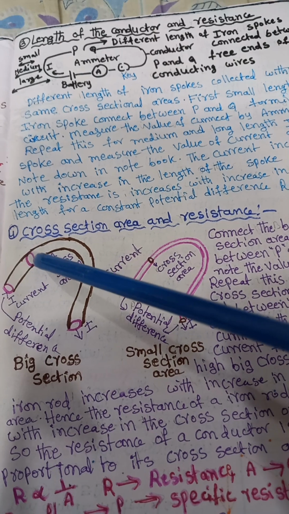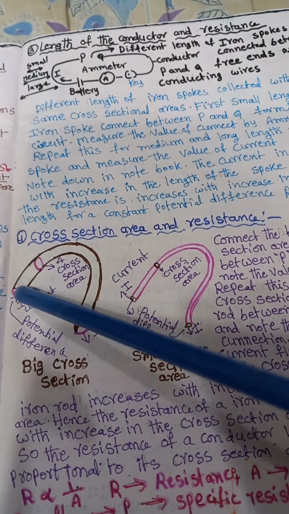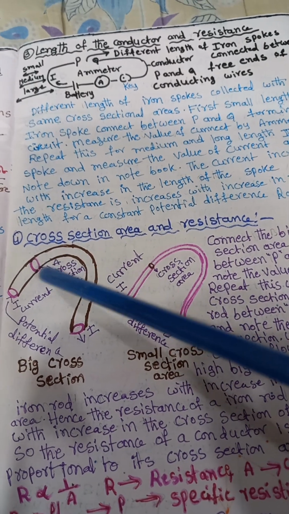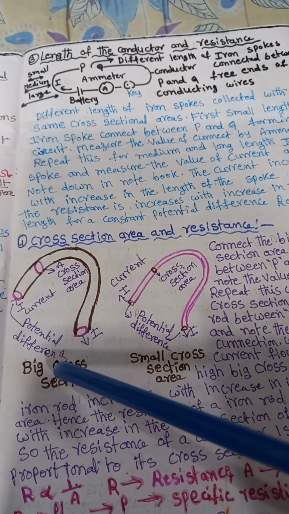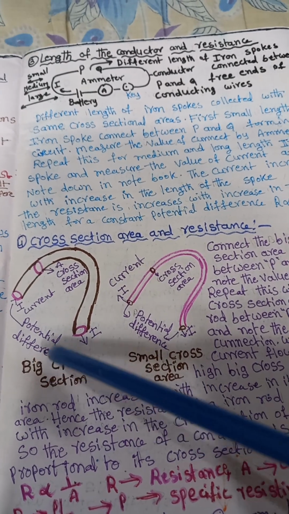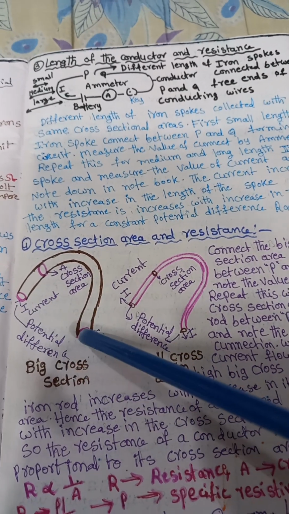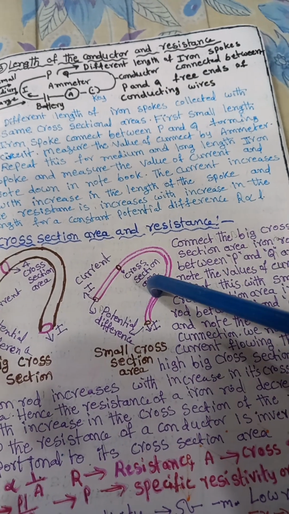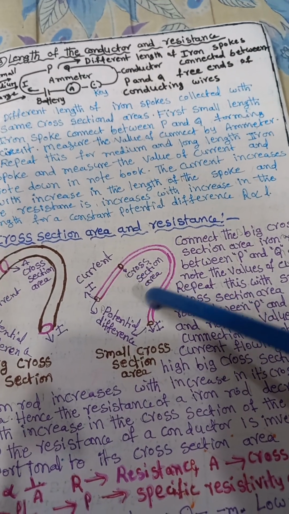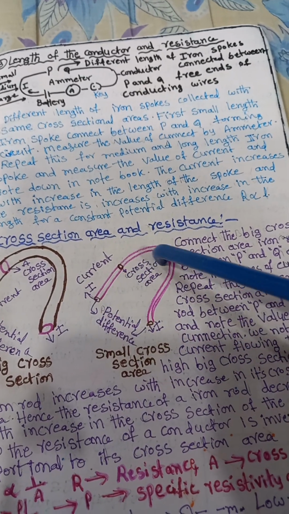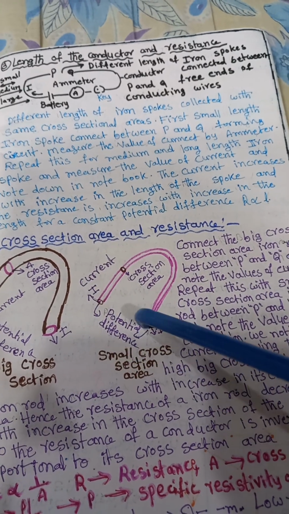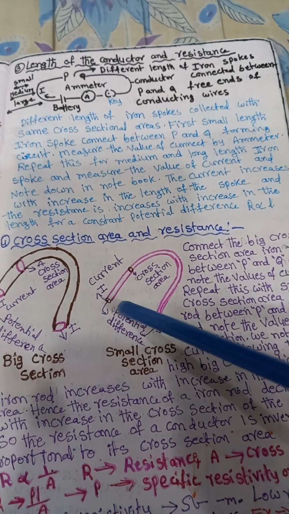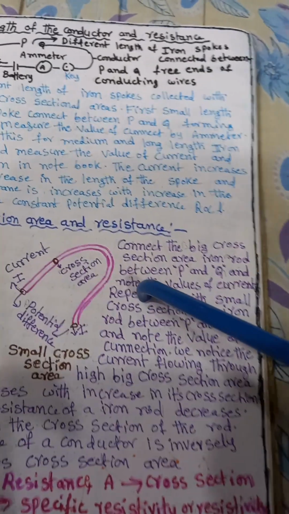We can see the cross section A of the conductor, and the potential difference between the two ends of this conductor. The small conductor also has a small cross section area, the current passes through it, and the potential difference can be seen between its two ends.